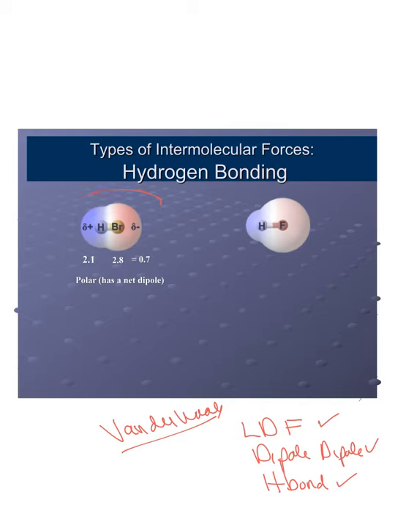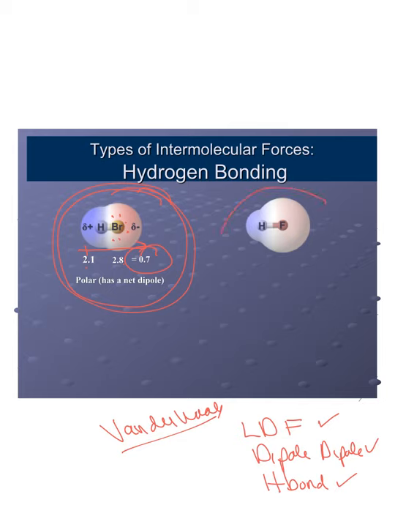So here we have hydrogen bromide, right? I can draw my Lewis dot structure here. I know those are unpaired electrons there, and I know that I could draw my dipole diagram there, and I can see these are my electronegativities, and I can subtract them and say, yeah, there's a polar bond between those two atoms, and this molecule is polar, all right?